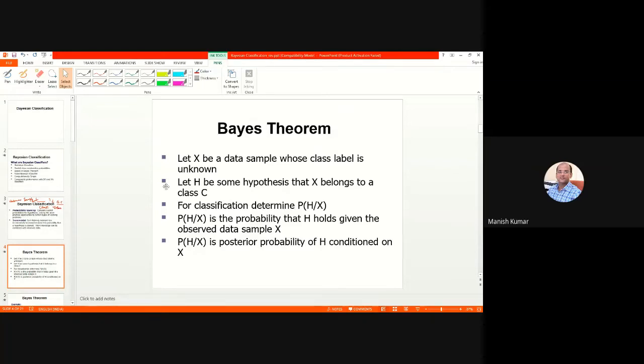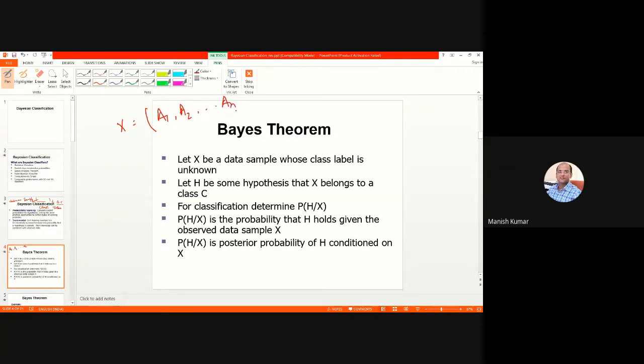Suppose X can be A1, A2, up to An. I can put in some values: say A1 is name, so I can say Ram; A2 is age, so I can say 32; income is 50,000, and so on. So this is your X data sample whose class label is unknown, and I have to find its class.